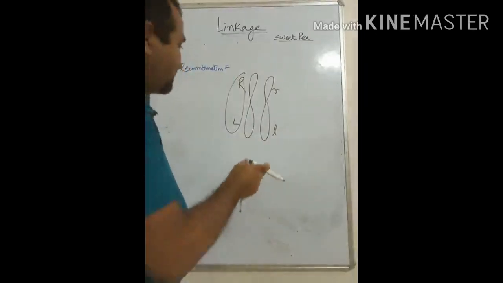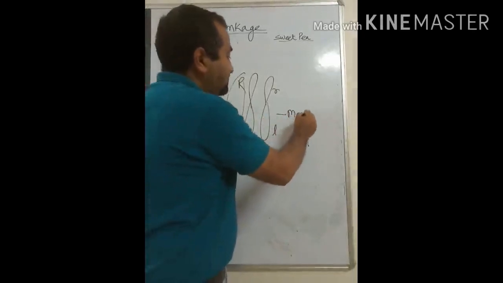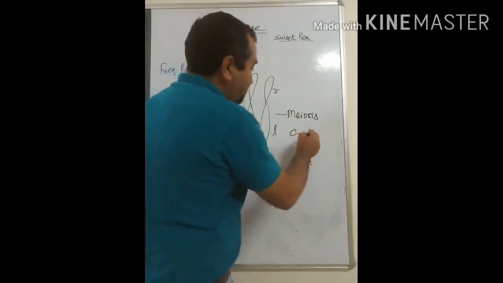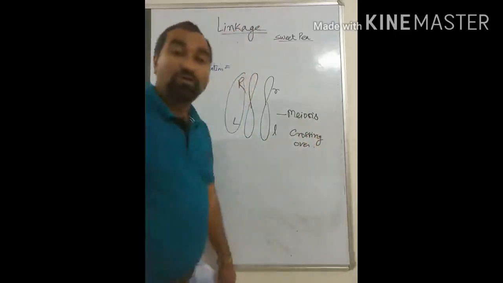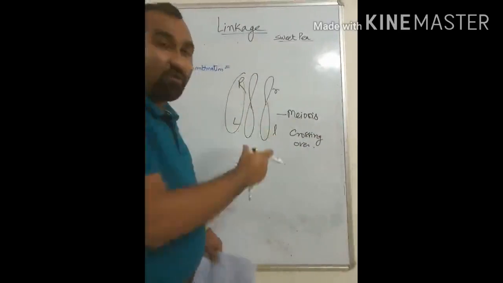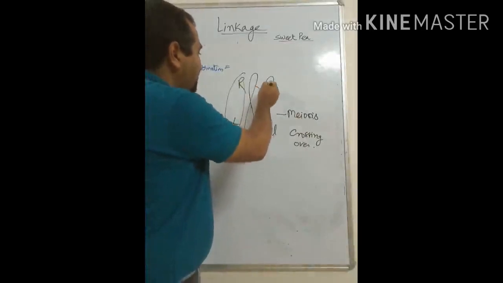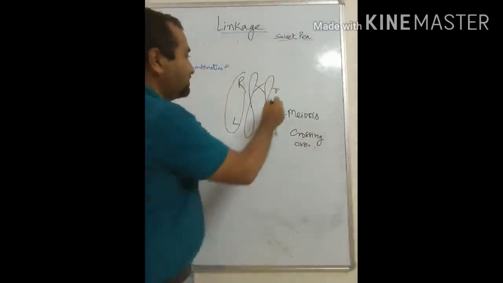As we know, during meiosis, that is sexual reproduction, there is crossing over between homologous chromosomes. So both the genes may form new combinations. Here, if a cross is made, there will be exchange of genetic material like this.